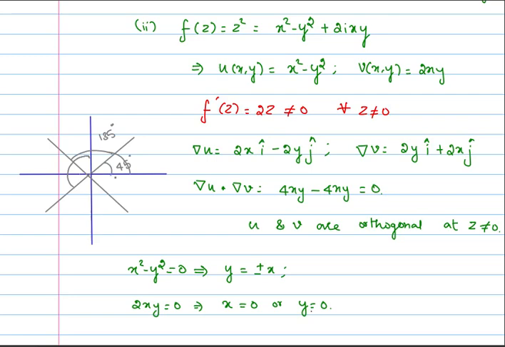So this will happen, and that is why we do not consider those points. Clear? So these points are called degenerate points. So the function is orthogonal everywhere except z not equal to 0. So we see it graph-wise.